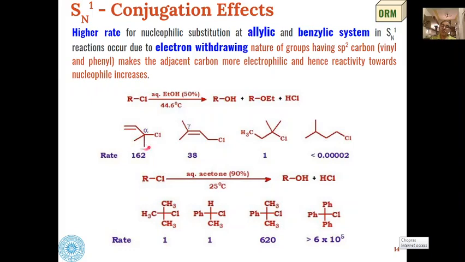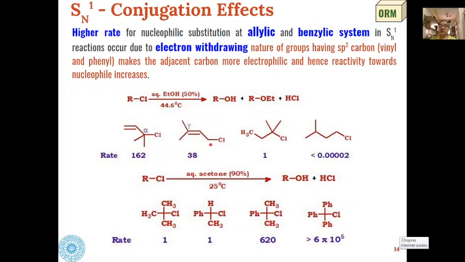So in addition to being tertiary carbocation, there is an allyl group present which further stabilizes the carbocation, and because of the higher stability of this carbocation formed from this substrate, the rate of reaction is higher.